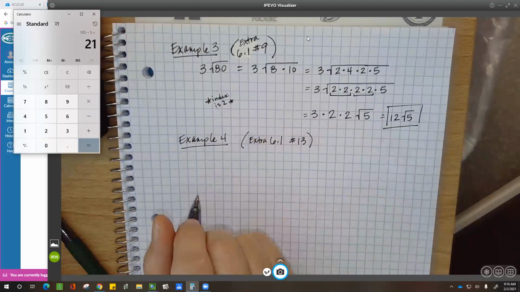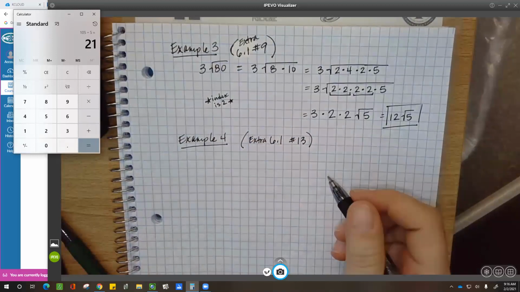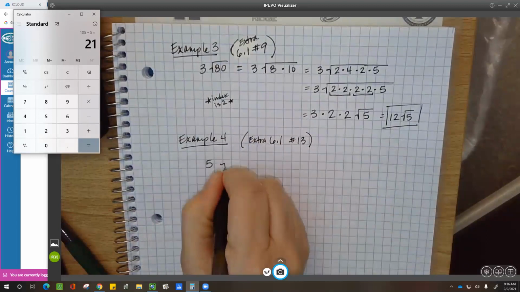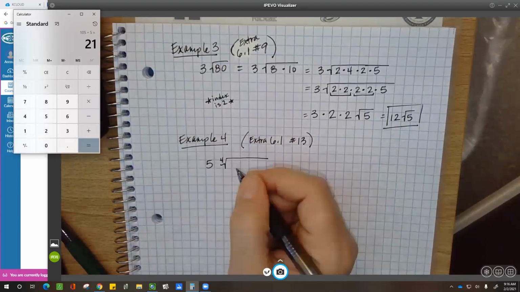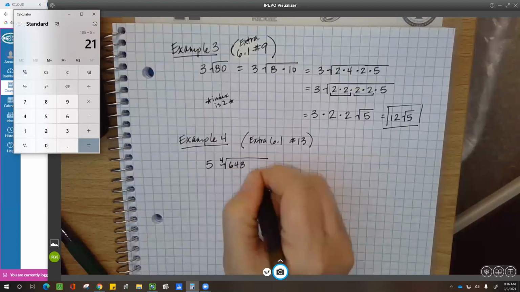It looks much more complicated than the ones we've been working. However, fundamentally, it's the same. So here I have 5, 4th root, 648, x to the 3rd, y to the 5th.